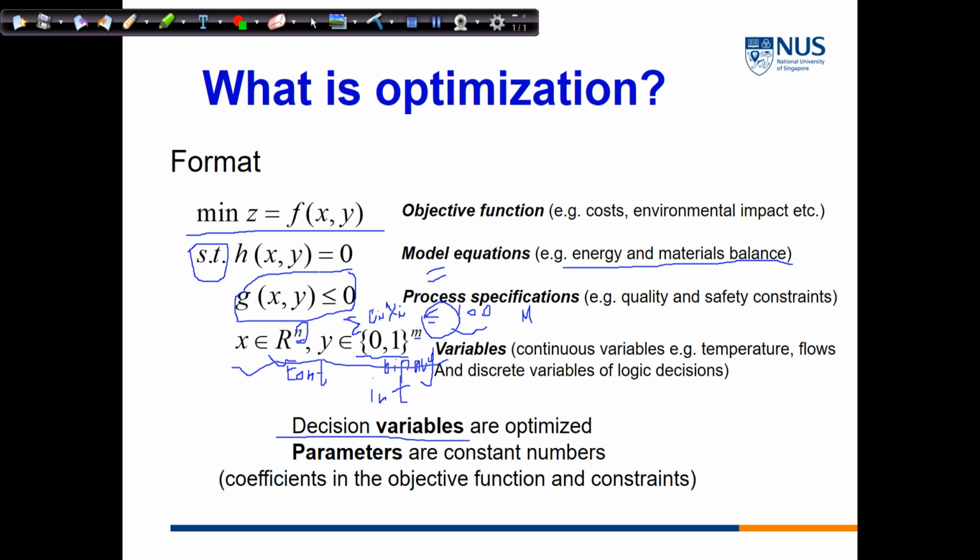Those are the constant numbers which are given in our problem formulation. So those can be the parameters in the problem, or you can call them coefficients in the objectives and the constraints. So those are the numbers given, but not the very things to be determined.